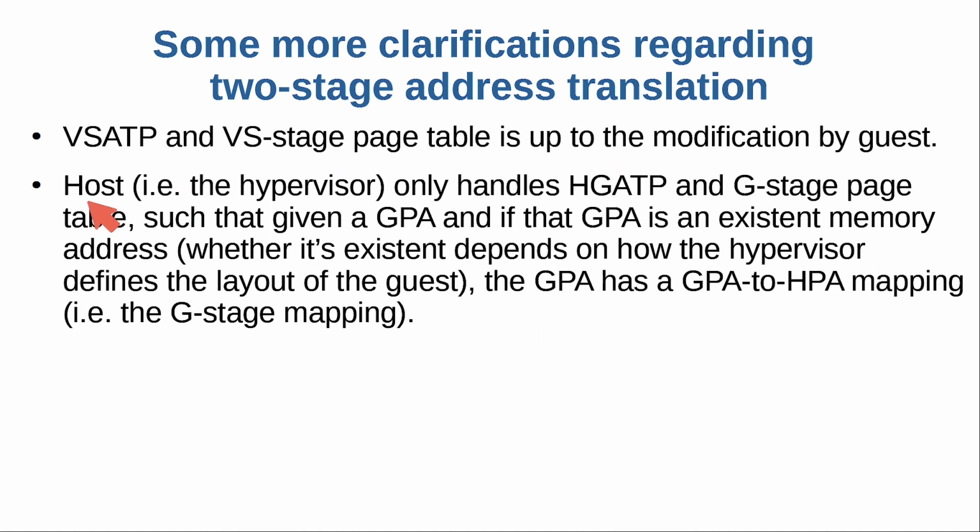On the other hand, the host, which is the hypervisor, will handle the HGATP and G-stage page table, such that when given a guest physical address, it makes sure that the guest physical address is mapped to a corresponding host physical address by the proper G-stage page table setting for the GPA to HPA mapping.